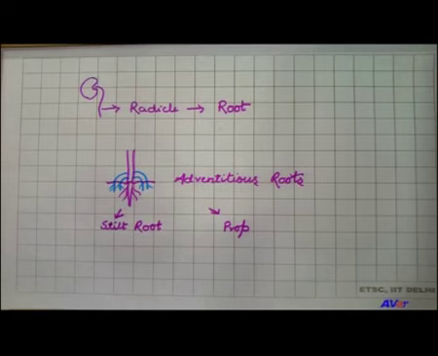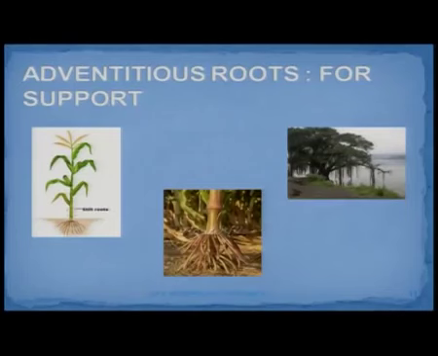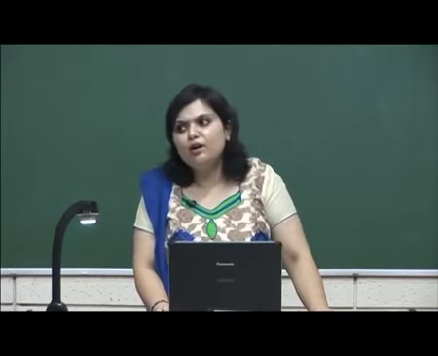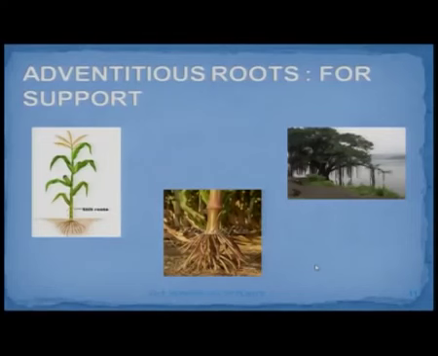Now the question arises, why do we say that these are roots? They are arising from the stem. They are not arising from underground parts. How can we say that they are roots and not stems? Can you think of one reason? Yes, the reason is that they are all growing downwards towards the soil.